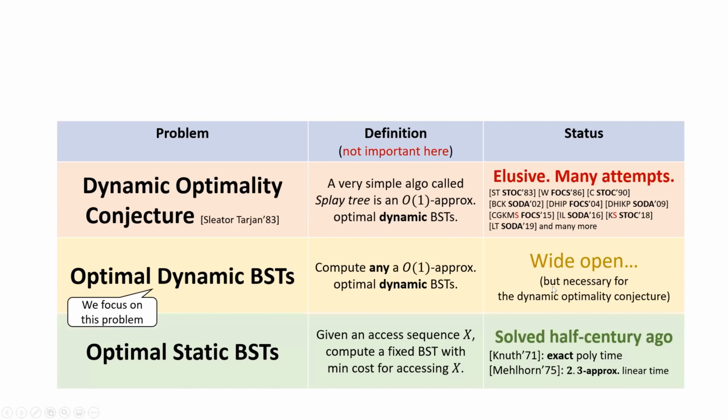This is a step that is necessary for dynamic optimality, and we will focus on this problem. By the way, a strictly easier problem called optimal static BST is very classic and was solved almost half a century ago. But optimal dynamic BST is still wide open, and we need to solve it for resolving the main conjecture here.